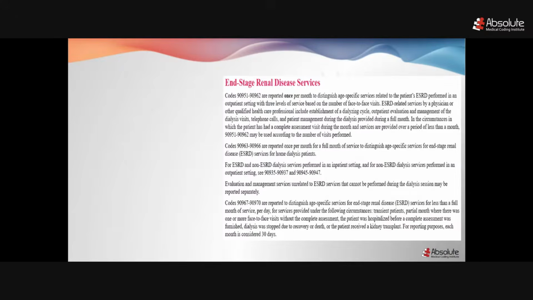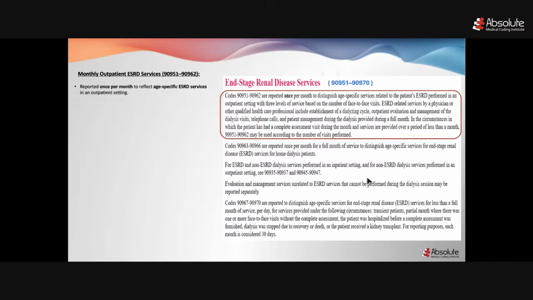All right, now let's break down the ESRD service coding. First, start with the monthly outpatient ESRD service. These codes range from 90951 through 90962, and these monthly outpatient ESRD codes are reported once per month for each specific ESRD care in an outpatient setting.